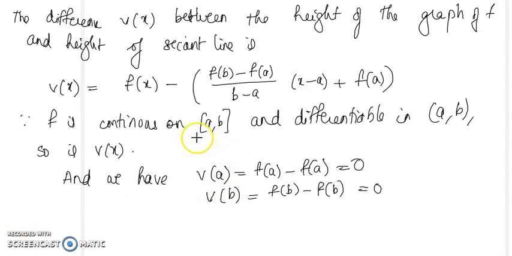So here v is continuous in closed interval a, b and differentiable in open interval a, b, and v of a and v of b both are equal to 0. So these are the conditions of Rolle's theorem.